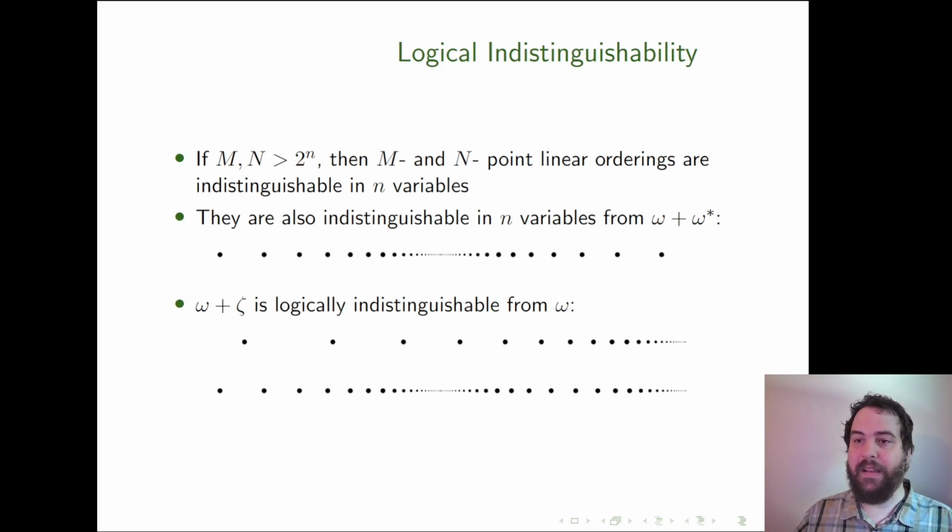I can simply declare that the game is going to last 101 turns, and that's going to be whatever strategy you have. So Spoiler cannot possibly have a strategy that lasts 100 turns, and so there's no formula with 100 variables in it that distinguishes these two structures. And this argument works for any value of 100, and so there's no formula of any length that distinguishes these two structures.